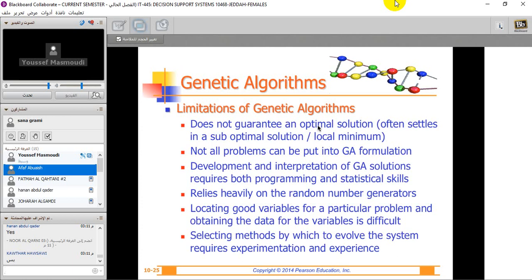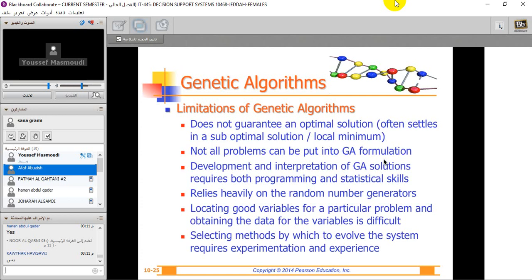So using genetic algorithms does not guarantee an optimal solution. It often settles in a suboptimal solution or local minimum. Not all problems can be put into genetic algorithm formulation. It's not easy to put any problem in the form of chromosome in general.